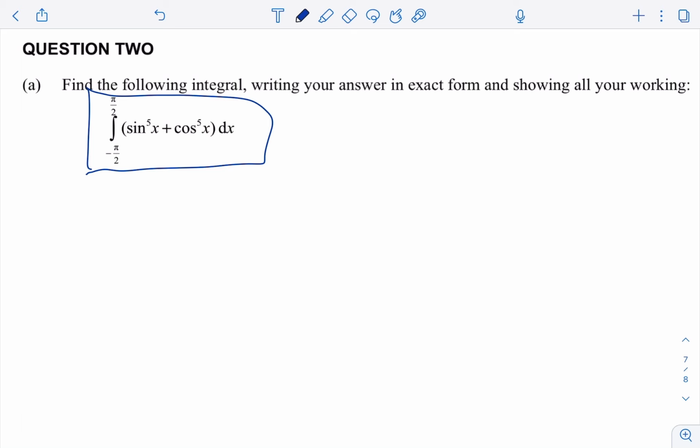So we can split this into two different integrals. One is this. The other one will be this one.